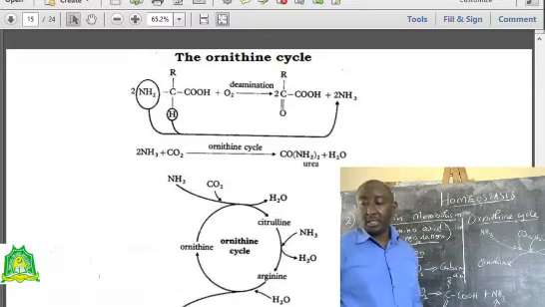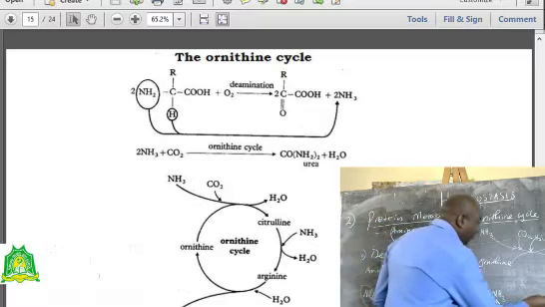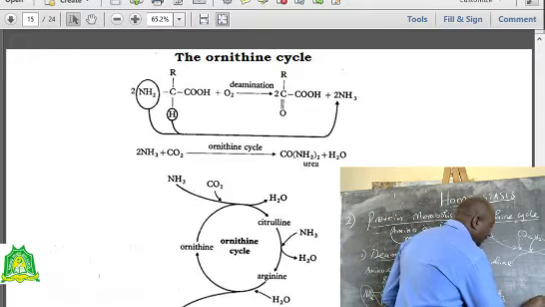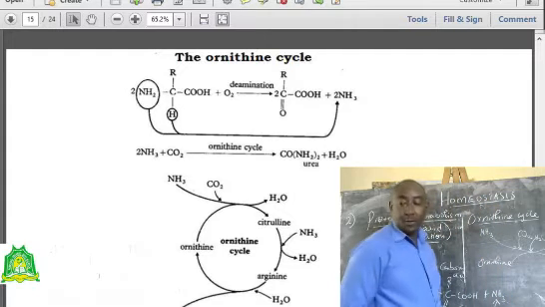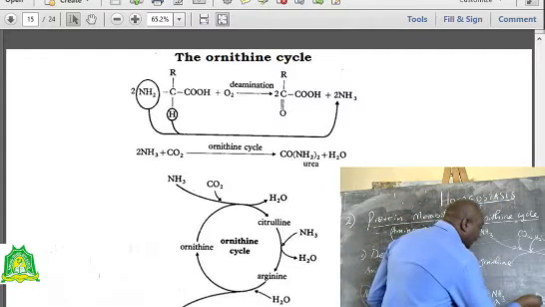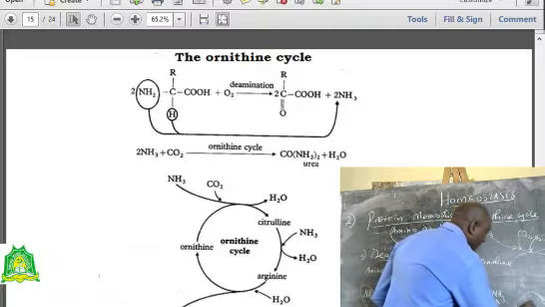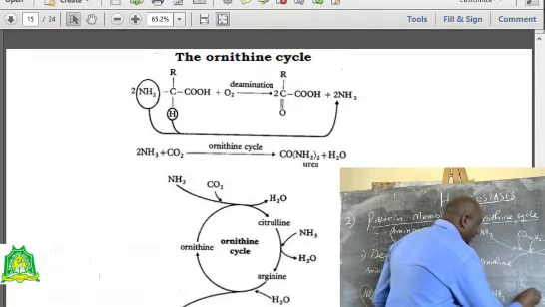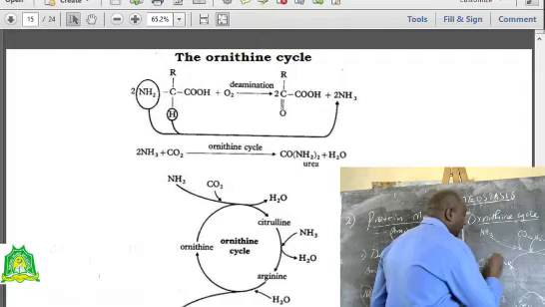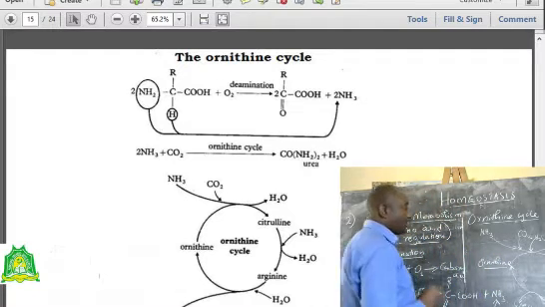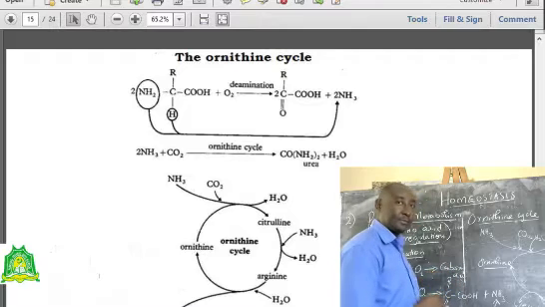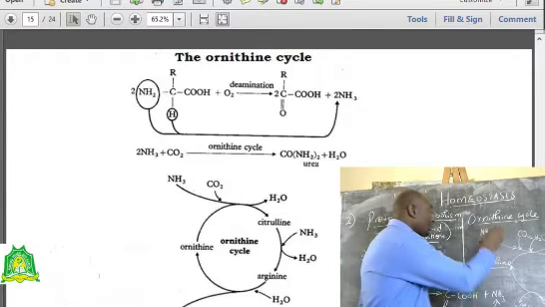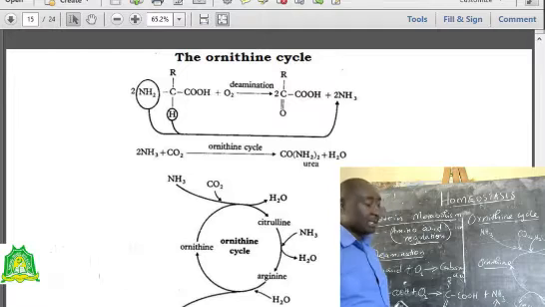Then later on, this arginine will again be hydrated, that means combined with water, to give us now the urea, and the other product will be recycled back so that we continue to have the cycle. Since the ornithine is resynthesized, that is why this process is called the ornithine cycle.